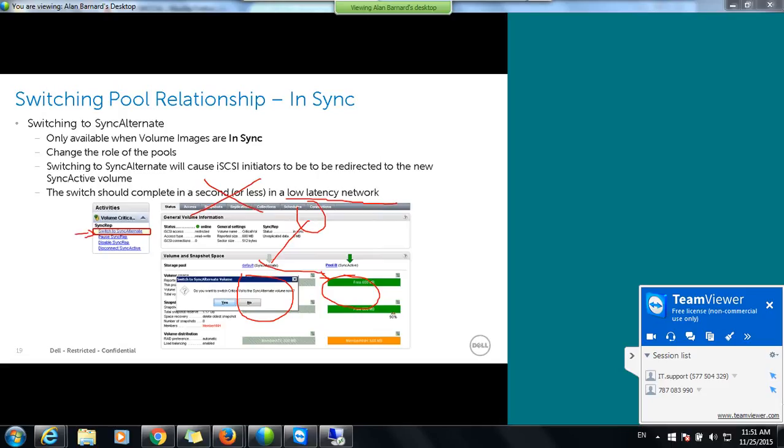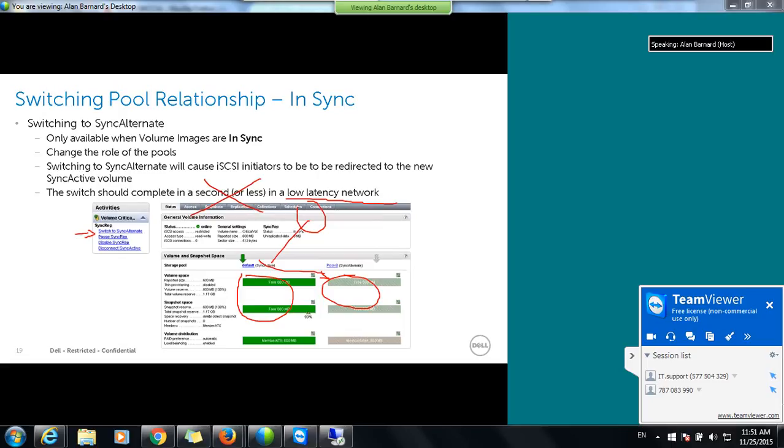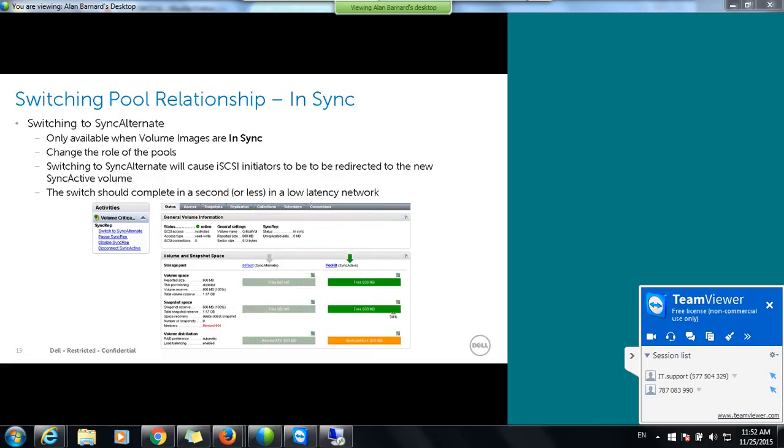You switch it over and it will change. You will see in here, pool B becomes active and the default pool becomes sync alternate.